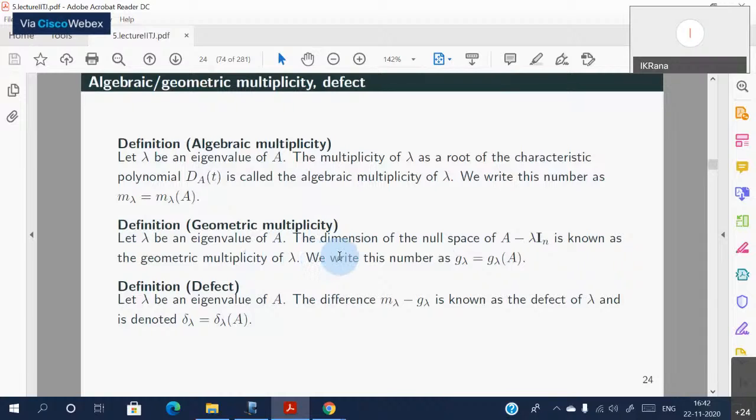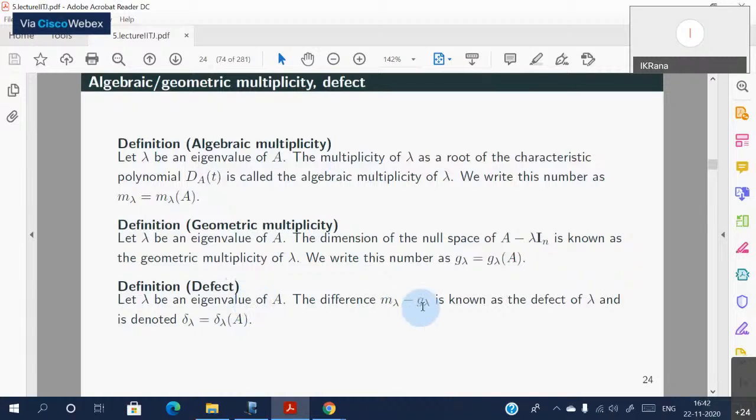That may not be as much as the order of the root lambda i for the eigenvalue, so it will always be less than or equal to that. The difference between the algebraic multiplicity and the geometric multiplicity is called the defect. I will illustrate that now.